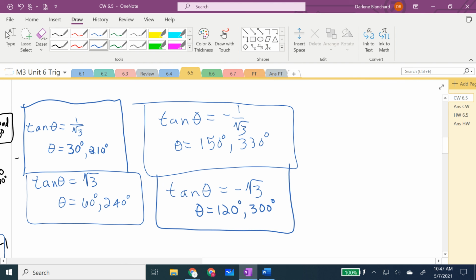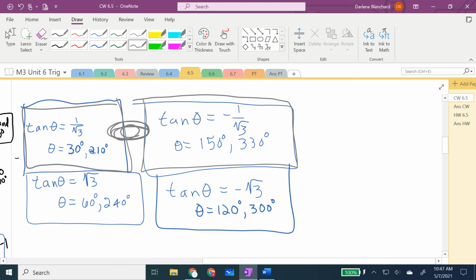So here's what I want you to see. I want you to see that you have less steep slopes when tangent is equal to 1 over root 3 or negative 1 over root 3. Those less steep slopes, by less steep I mean less steep than a 1 slope.